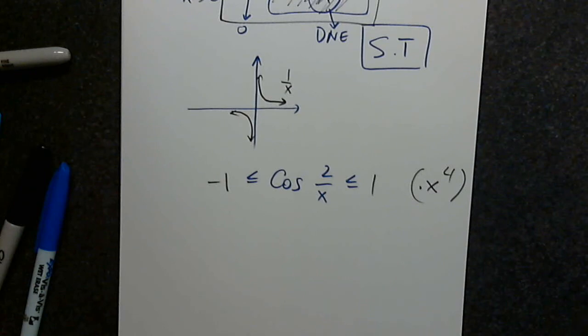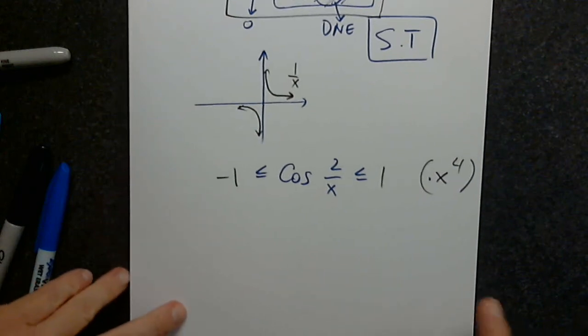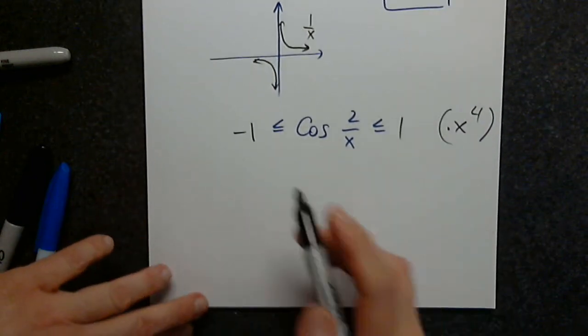But if it's negative, then I have to switch the inequality symbols. So I have to be careful. I don't have any problem. Why? X to the fourth is always positive, no matter what. And it's never 0 because the limit says x approaches 0. It's not 0. So we will multiply all 3 sides by x to the fourth.